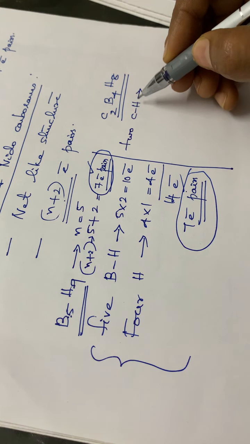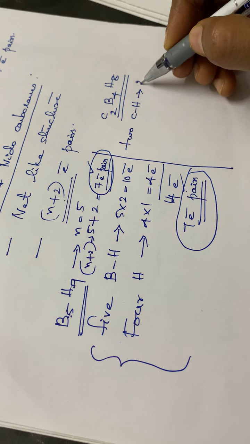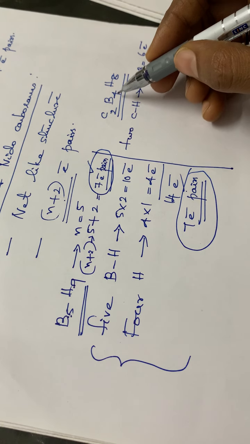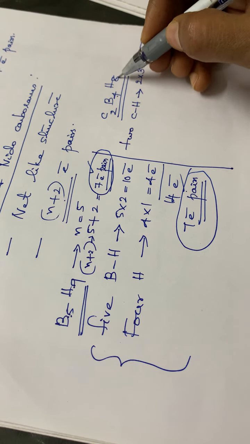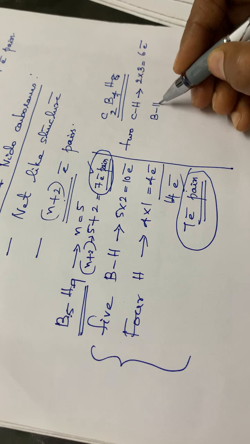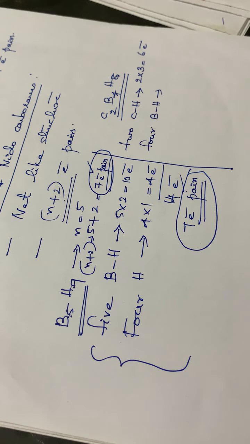Each CH unit will be contributing 3 electrons, so 2 into 3 is equal to 6 electrons. Then the remaining H6. How many BH units are there? B4H4, so 4 BH units are there.